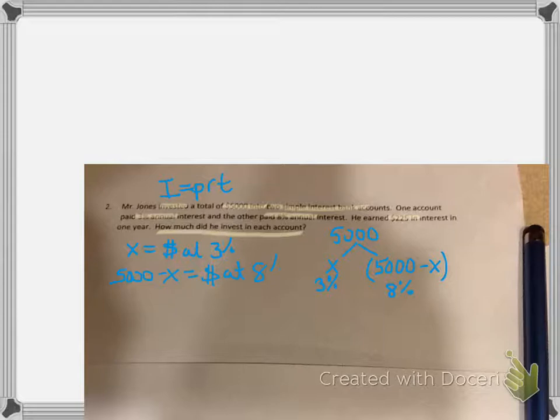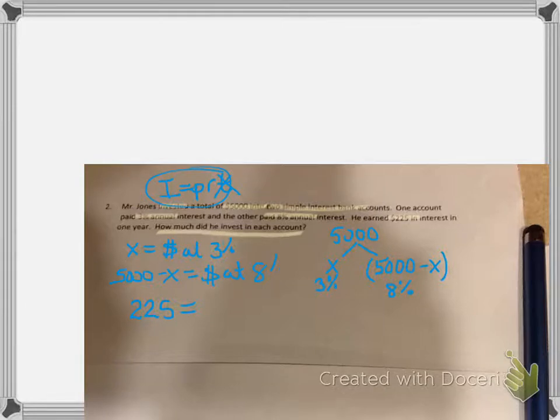And they're saying that it's just an annual account, so you don't even have to worry about the T in the equation. So I know the interest that he makes, which it said he earned $225. So I know that $225 is going to be the I in this equation. I know that that's going to be equal to the principal times the rate times the time. And like I said, time is 1 year, so 1 times anything is just going to be itself. So I'm just going to ignore that.